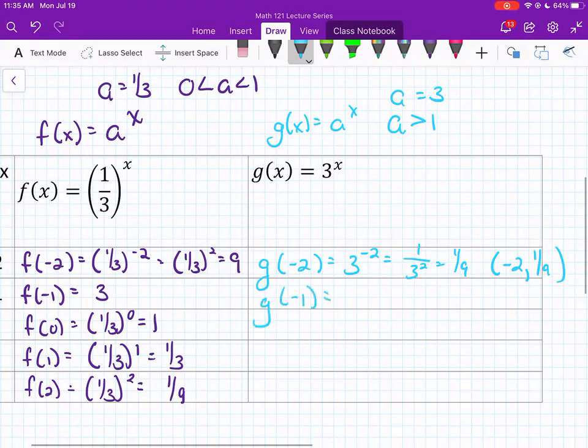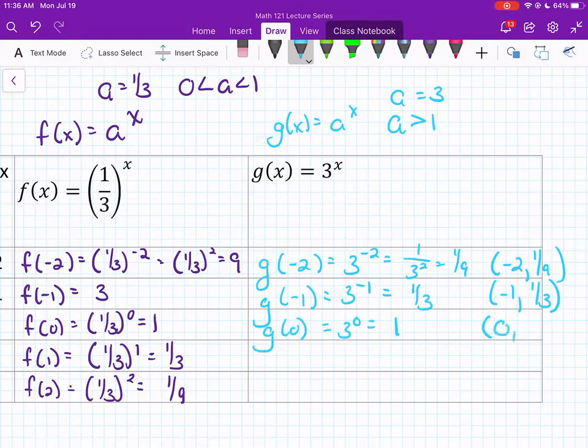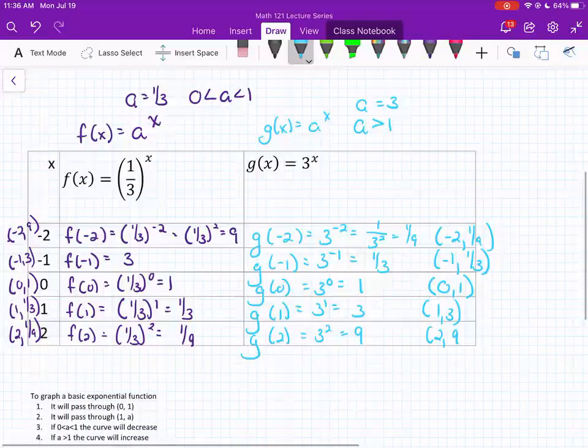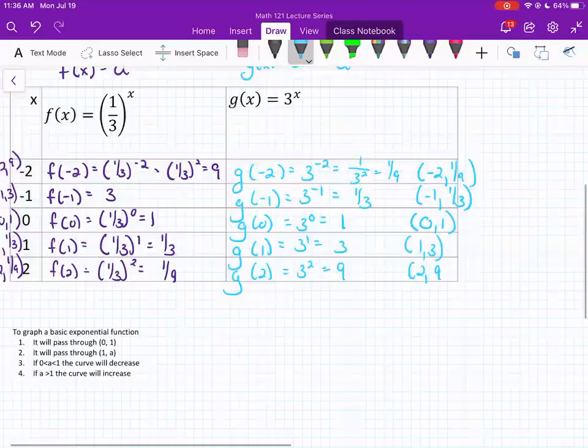Plugging in -1, 3 to the -1 is going to give us 1/3, or the point -1, 1/3. g of 0, you'll notice, results in the same point, because anything to the 0 power is 1. And then g of 1 is going to give us 3, and g of 2 is going to give us 9. Upon graphing these points, this is what we find.